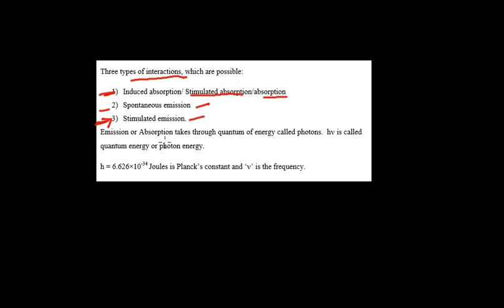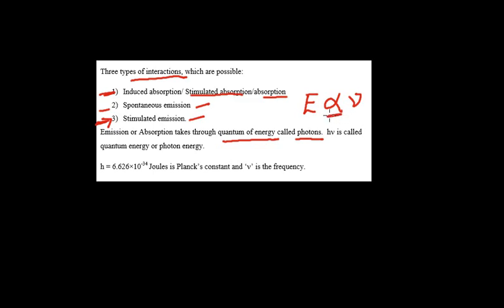Now, emission or absorption takes place through quantum of energy, which is a bundle of energy, and there is a particular term for this, which is photons. Right, so Planck discovered that the energy of a photon is directly proportional to frequency.